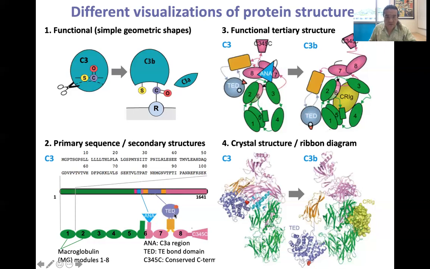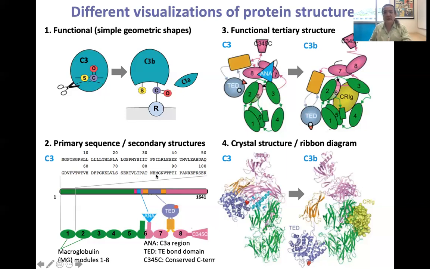Over here, this TED domain is the thioester bond containing domain, and this little orange dot is the thioester bond. So that means what you see up here is part of this TED domain of the protein. And then you have the C-terminal end of the protein in pink here. This eventually ends at the carboxyl terminus of the protein. So this is the C-terminal end, compared to way at the start, which is the amine terminal end of the protein.